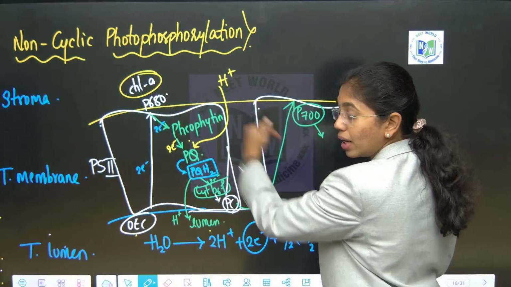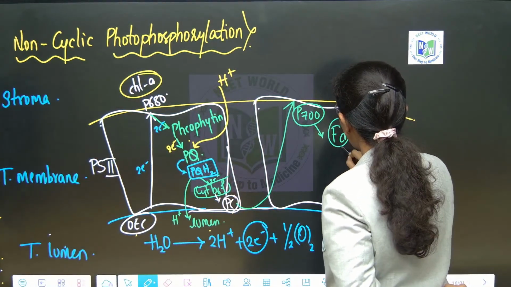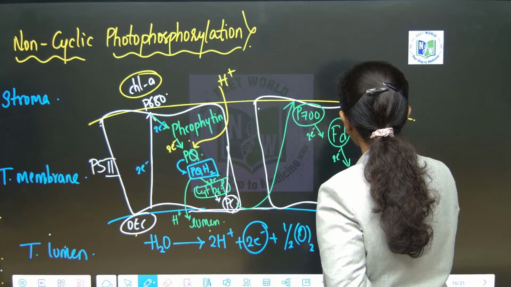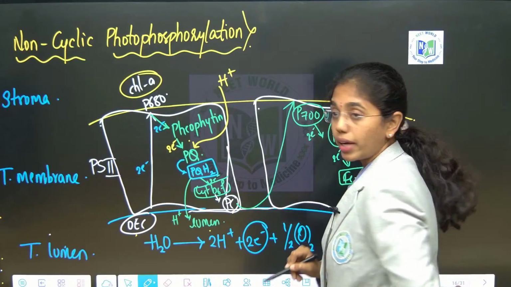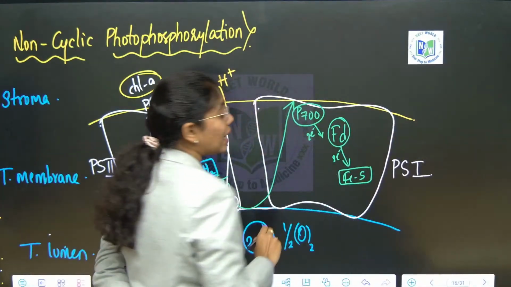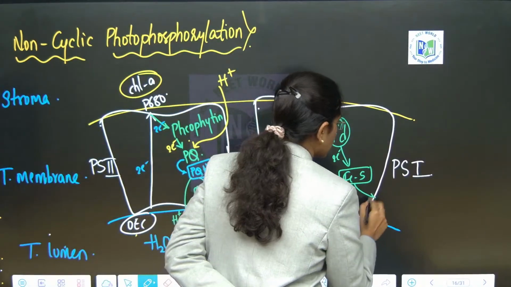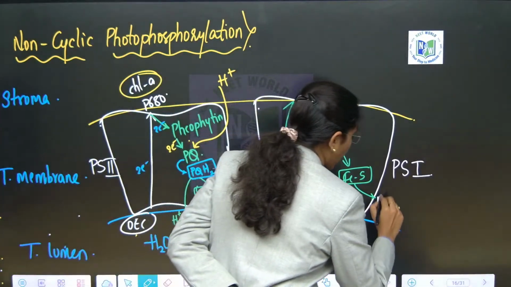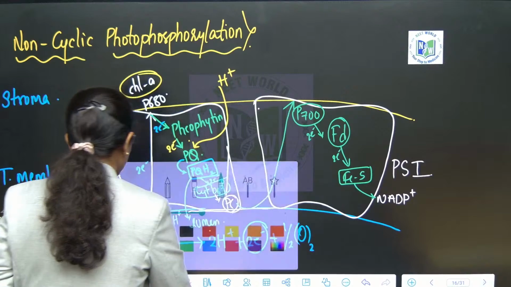Again the downhill transport of electrons will take place through ferredoxin and the ferrous sulfur complex. Fine, right? And here the ultimate electron acceptor is NADP plus. This NADP plus is situated towards the stroma.